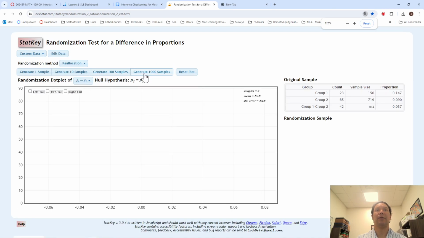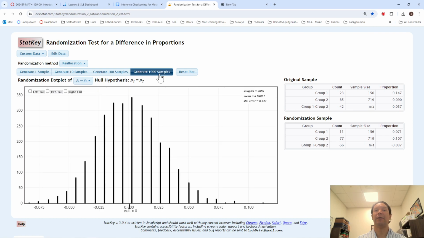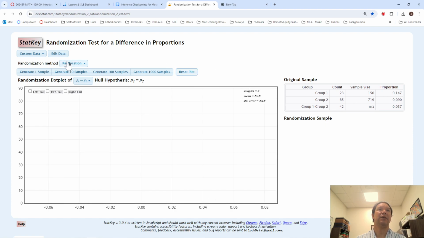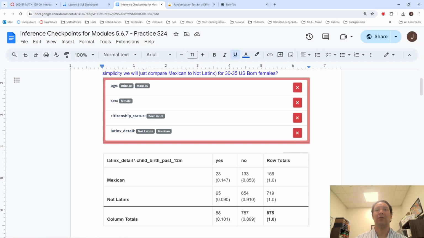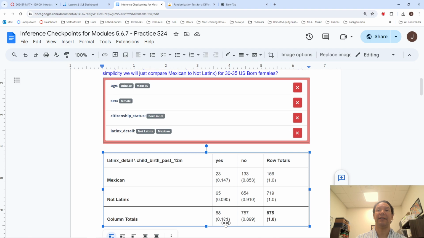What I'm going to do is generate a whole bunch of samples. Actually, I should reset this. I should have gone to resampling. I'm resampling these groups under the assumption that there's no difference at all. So we're assuming both the Mexican and not Latinx groups are at 10%, which was the overall percentage of women in this age bracket that had a baby.